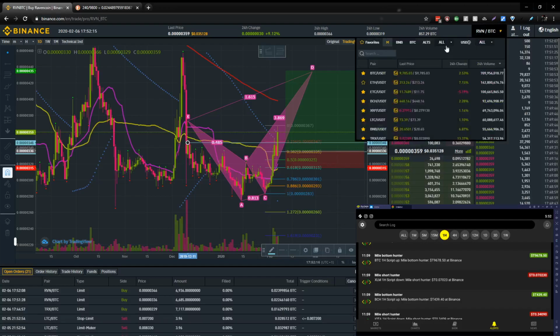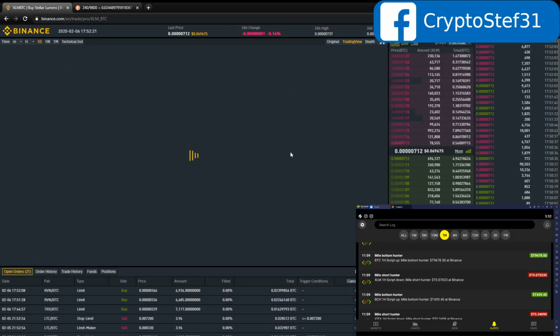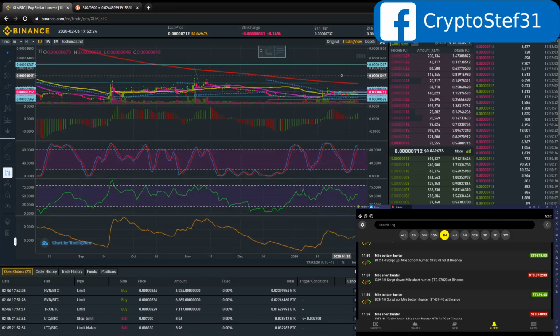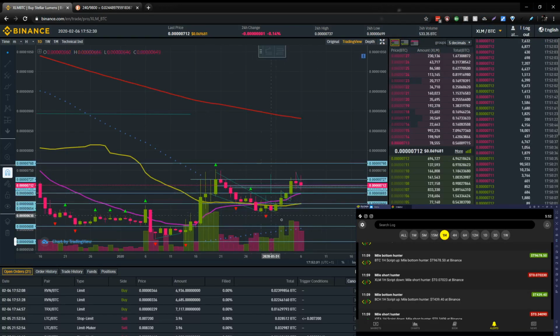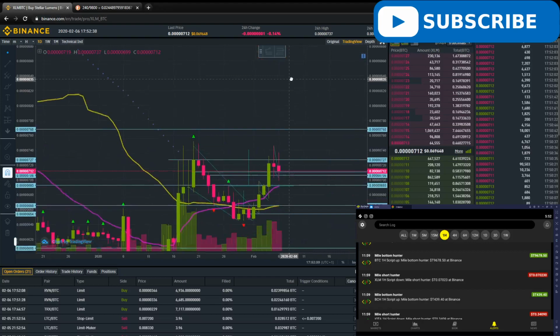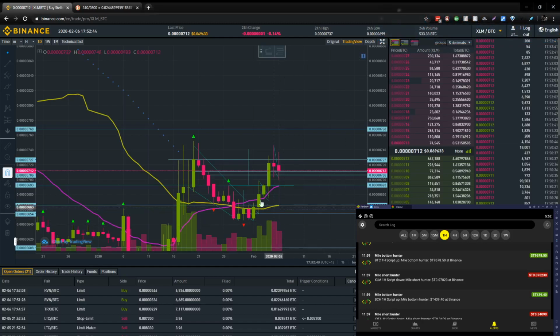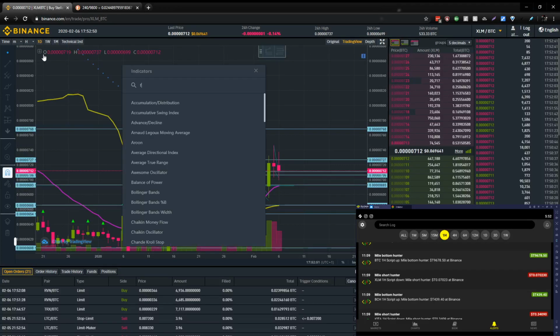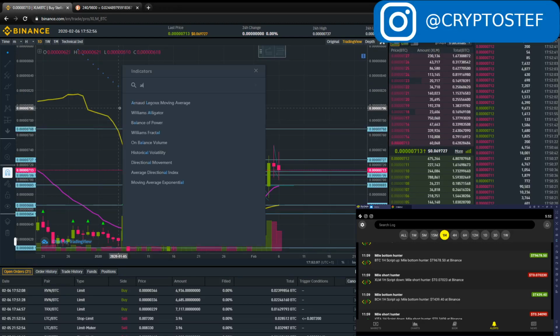Other positions, XLM. Let's see XLM. What is the XLM BTC? Currently, it's in consolidation mode. Two indecision candles, and as you can see, a bullish falling wedge, and the target was done. So how do you want to trade this? You want to trade when this fractal is broken. So fractal trading, you can put Williams fractals, and also you can use the alligator.